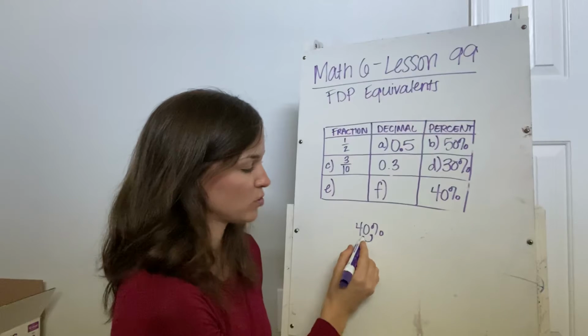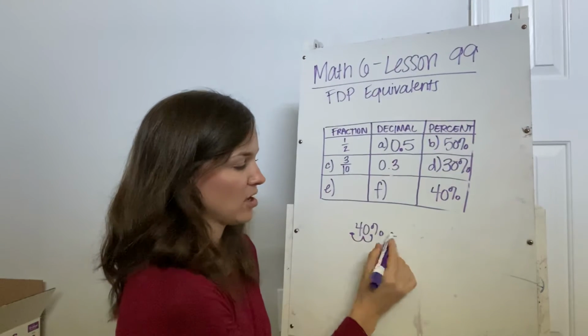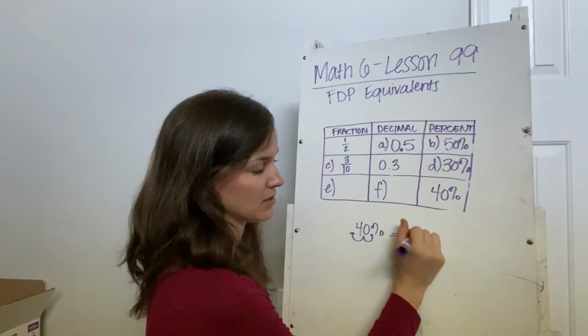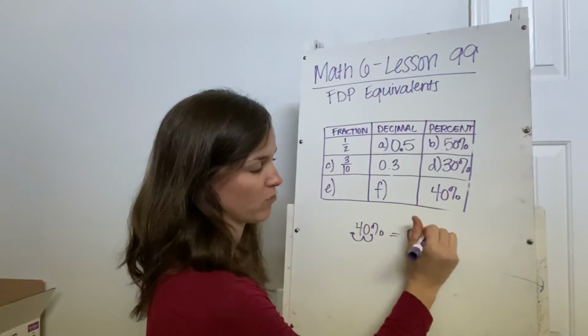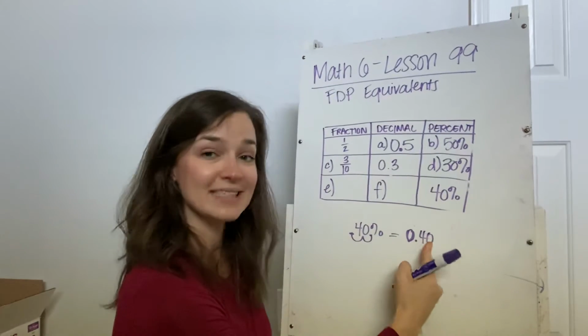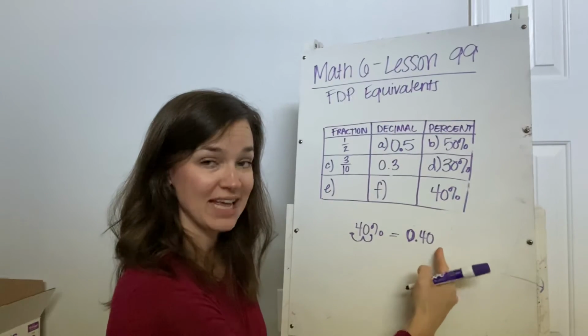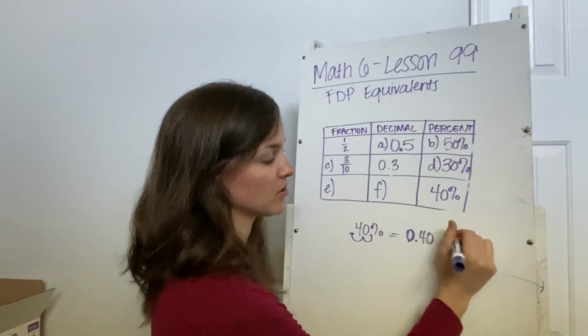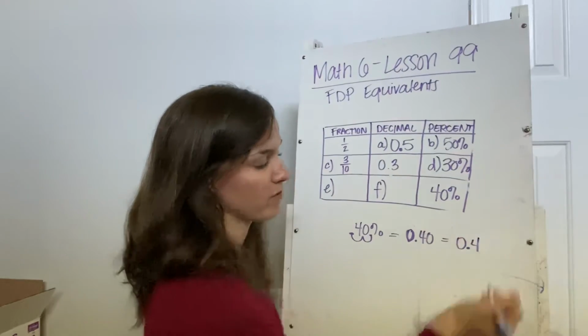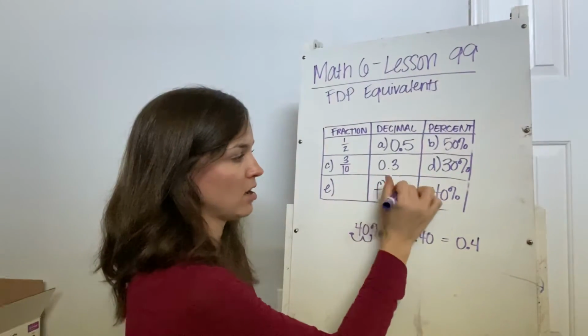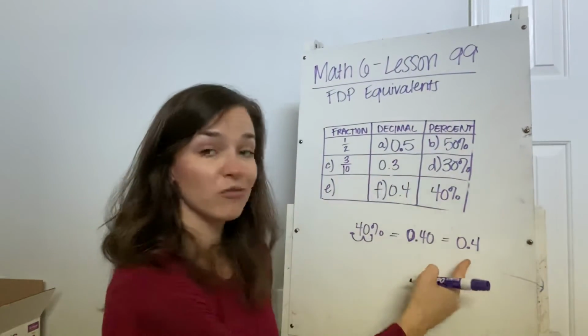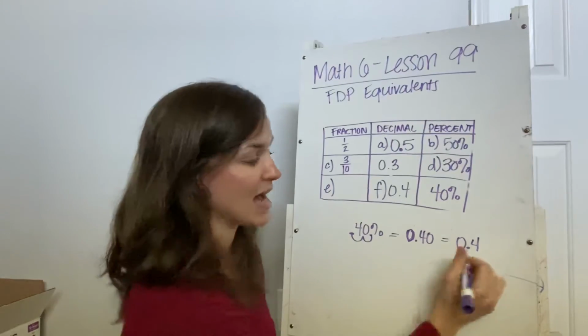So we can bump it 2 spaces to the left, which would be written as 0.40. But remember, that 0 at the end, if it's after the decimal and there's a 0 on the very end, can go bye-bye. So that would just make it 0.4, okay?